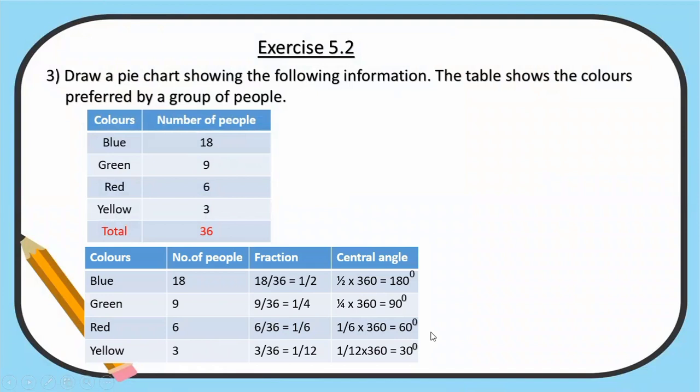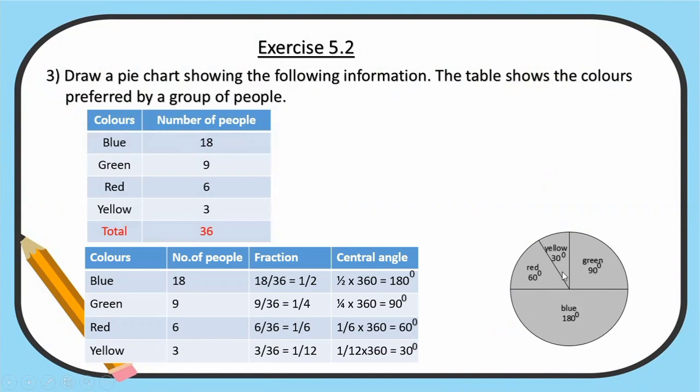Now we can check how to draw the pie chart. This is a pie chart. So 180 degrees is blue. 180 means a semicircle only. So straight through the middle, this part is blue. Then 90 degrees, you have to divide the other half into 2.